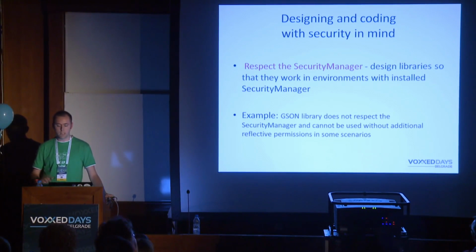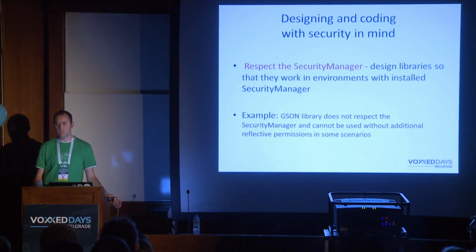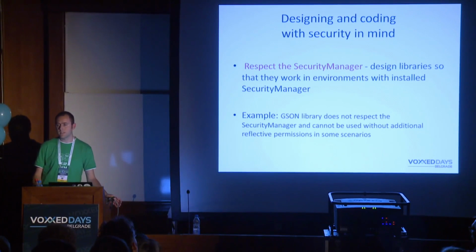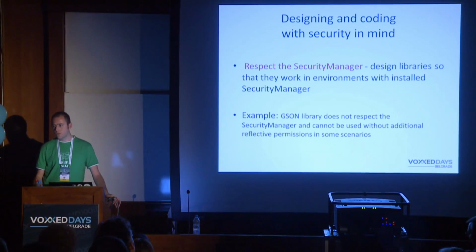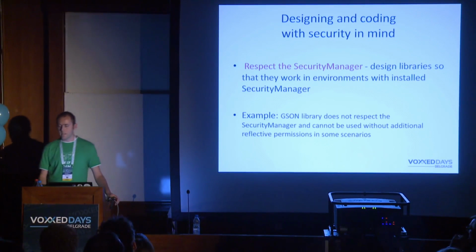For example, in my personal practice, I had to deal with the Google JSON library. The Google JSON library is a library for parsing JSON. However, this library uses reflective APIs that are typically a subject of permission checking. And when we tried to use the JSON library as part of an OSGi framework that was using a security manager, there were a number of access control exceptions that were thrown at us.